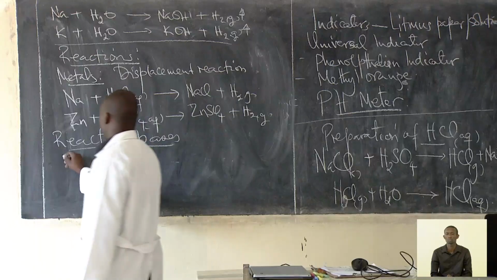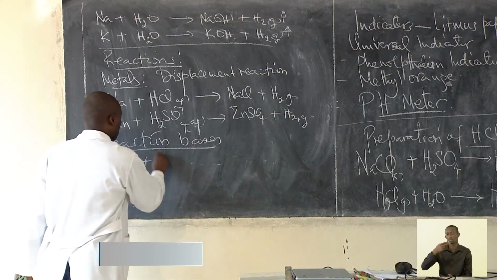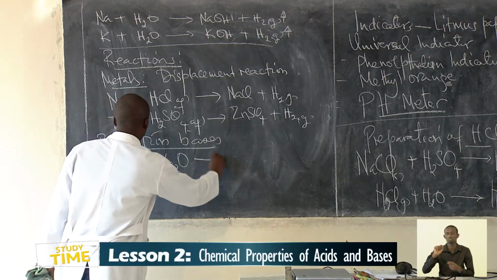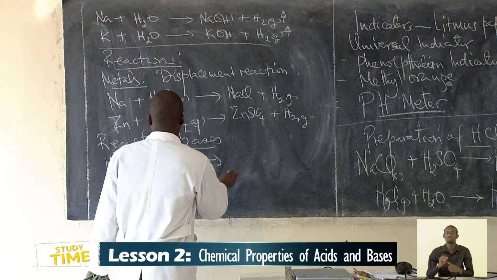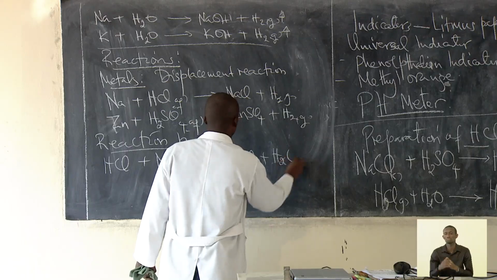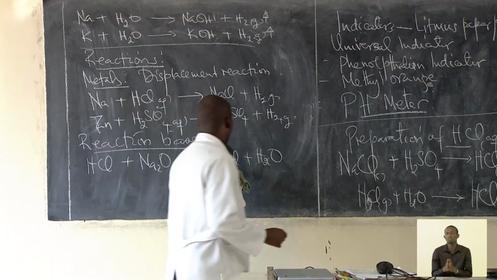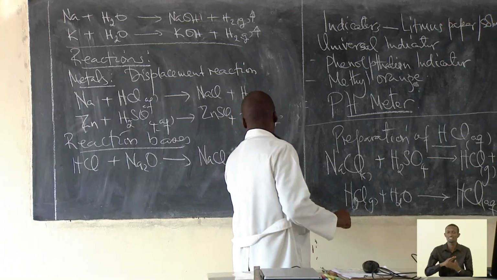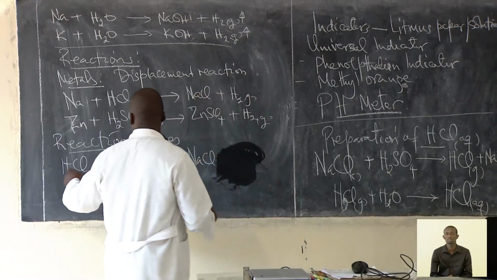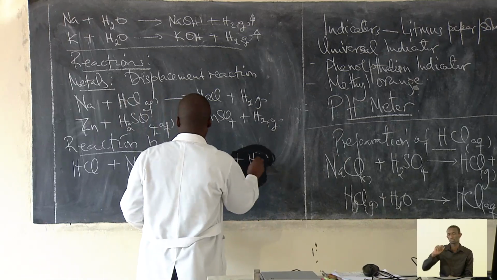So for example, you have hydrochloric acid. This can react with sodium oxide. So this will give sodium chloride and water. And with sodium hydroxide, it gives sodium chloride and water.